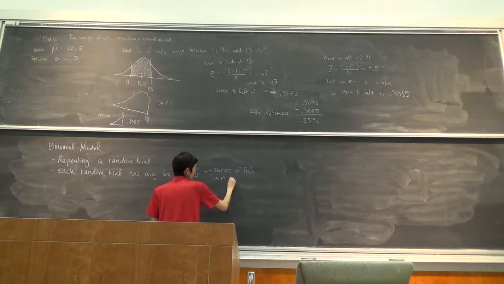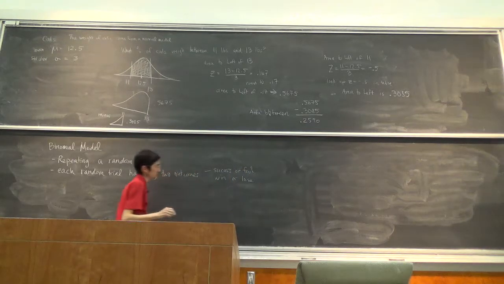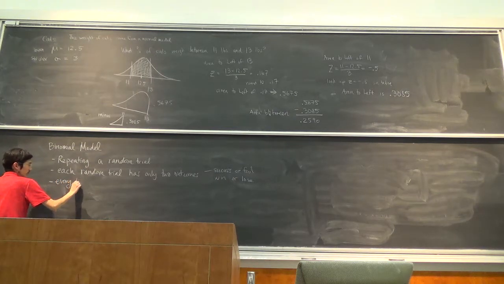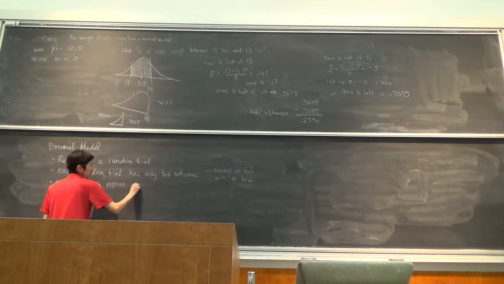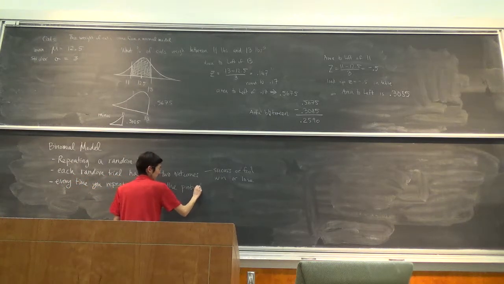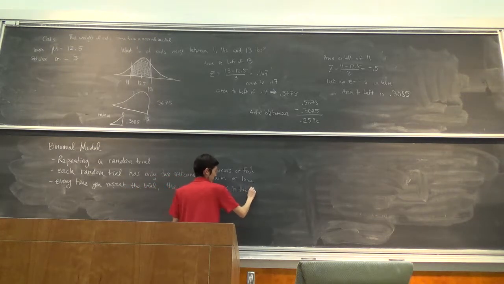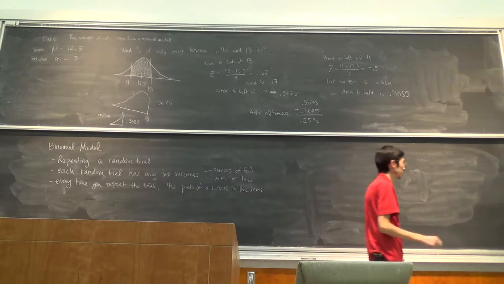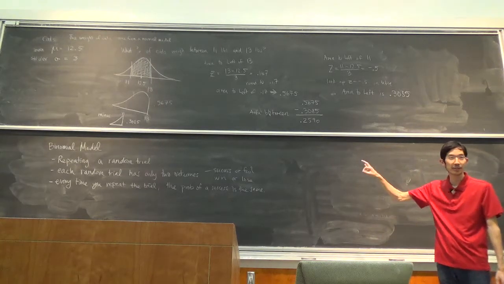Win or lose. Okay, something like that. Okay? 2 outcomes, all right? And every time you repeat the trial or play the game, the probability of a success is the same. Okay. Is that okay with everyone?